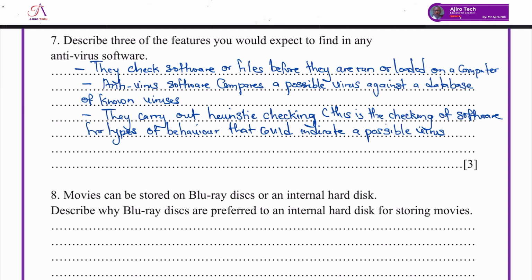Of course, this is very useful, especially if the virus is not yet updated on a database.